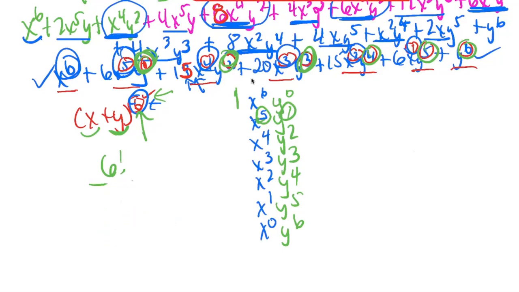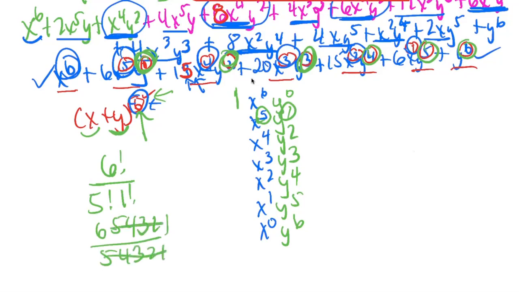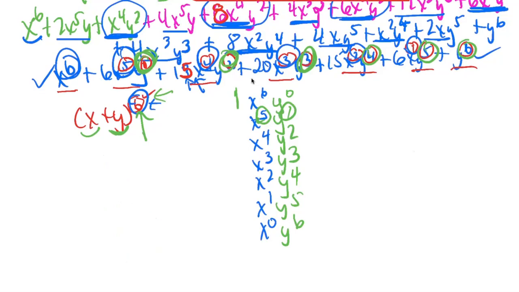I'll do that a little bit slower the first time. 6, 5, 4, 3, 2, 1 over 5, 4, 3, 2, 1. And it just leaves you 6. Okay. So this one is going to be 6 factorial over 5 factorial, 1 factorial, which is 6.